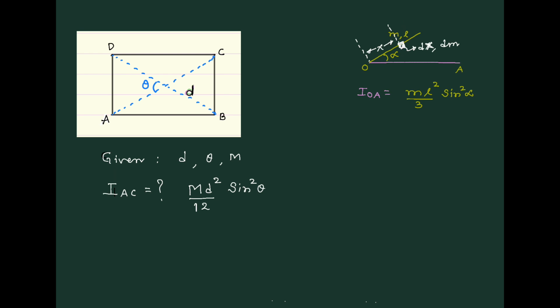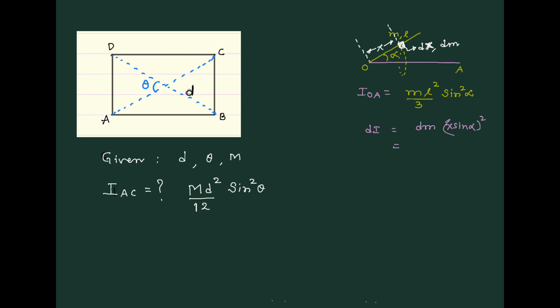So to find the moment of inertia of this element, we can imagine a circle like this whose radius will be x sine alpha. So the moment of inertia of this element, which we can call dI, will be dm into x sine alpha whole square.